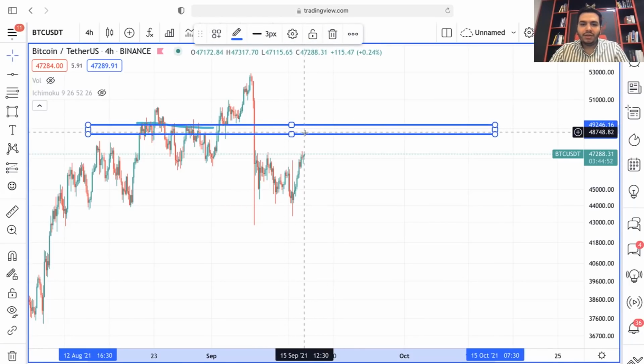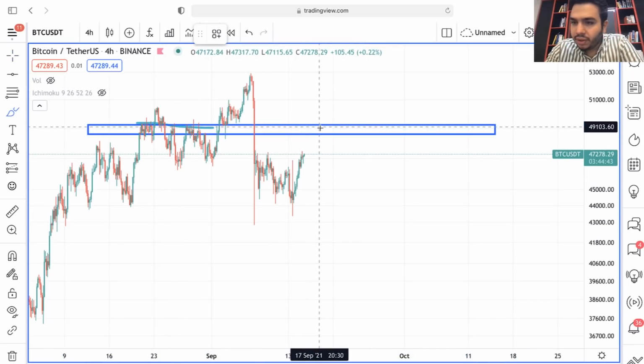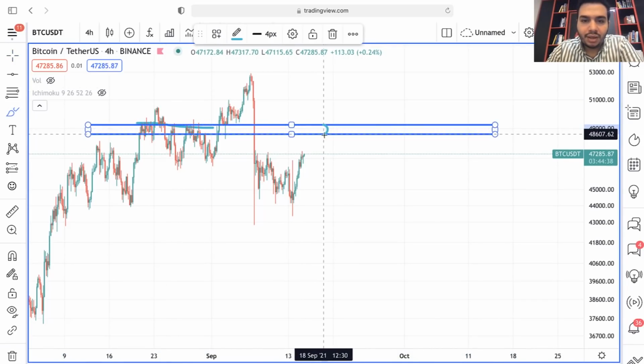Around these areas, we can expect the price to show some resistance, around the 49K level. We need to wait for some signals to enter a short position.